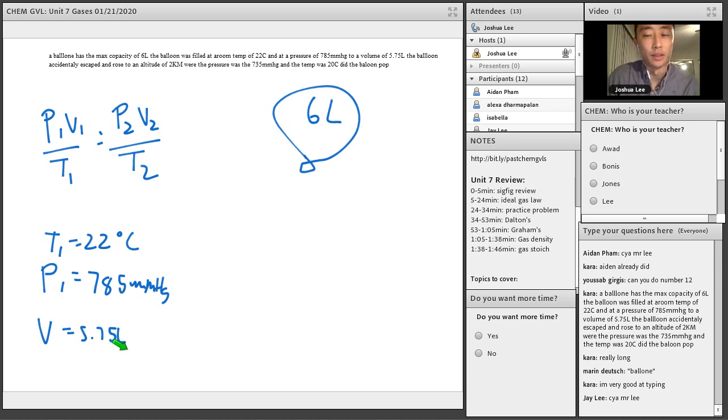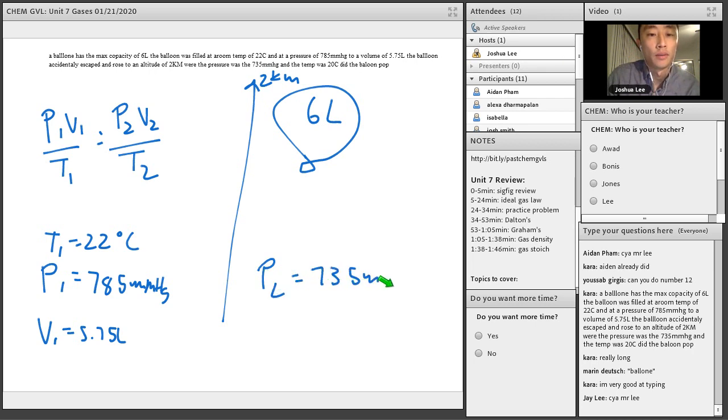The kid let the balloon escape. It rose to an altitude of 2 kilometers, where now the pressure is 735, and the temperature is 20 degrees Celsius.